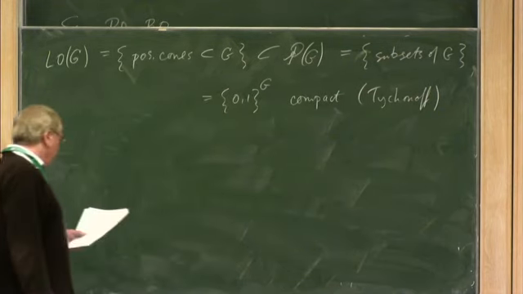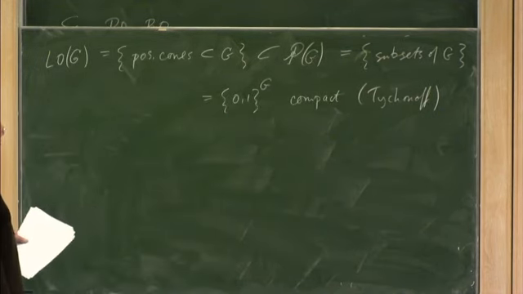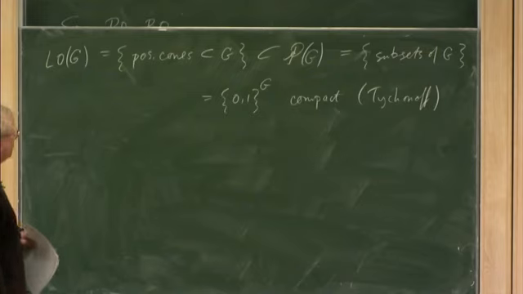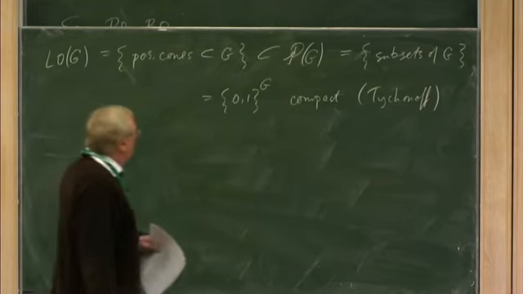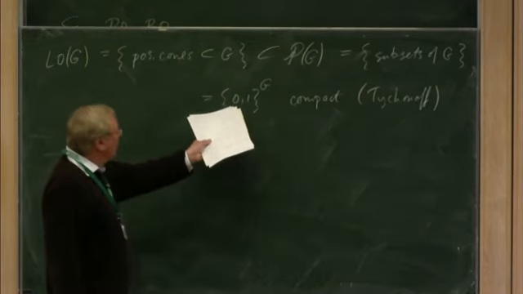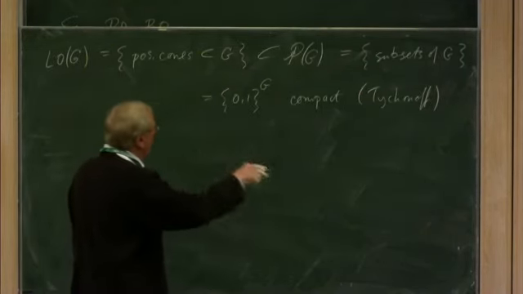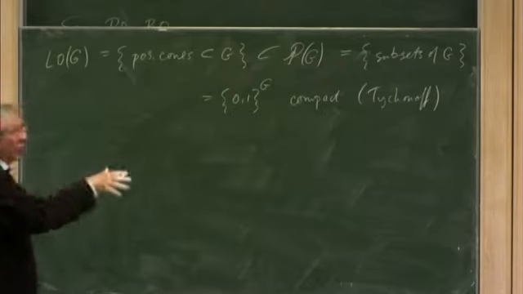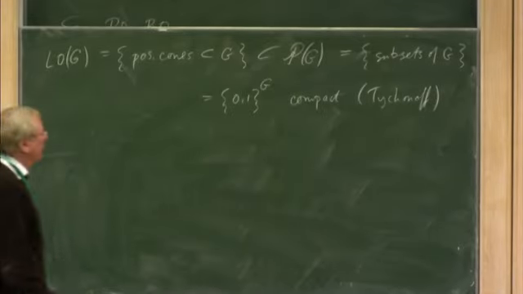Now, you take the product topology on this, right? You just make the smallest topology so that all the projections are continuous.